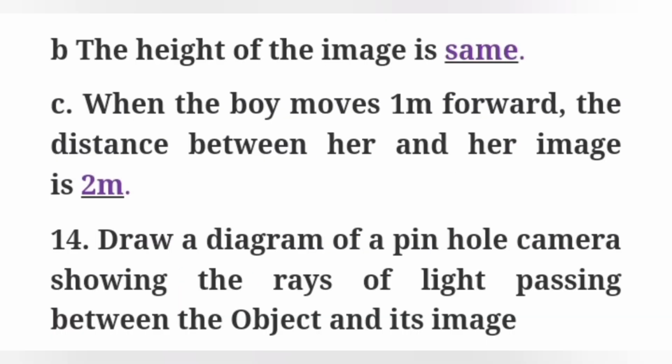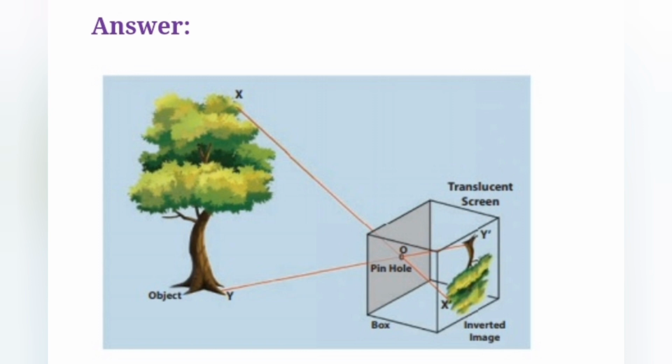Option B: the height of the image is the same. Option C: when the boy moves 1 m forward, the distance between him and his image is 2 m. 14th question, draw a diagram of a pinhole camera showing the rays of light passing between the object and its image. Then draw this diagram.